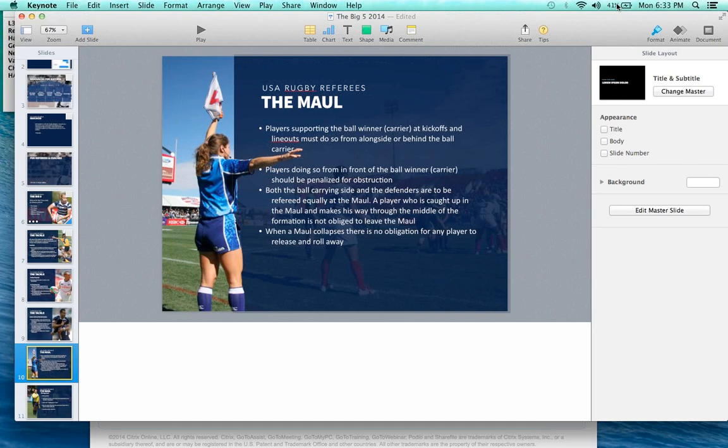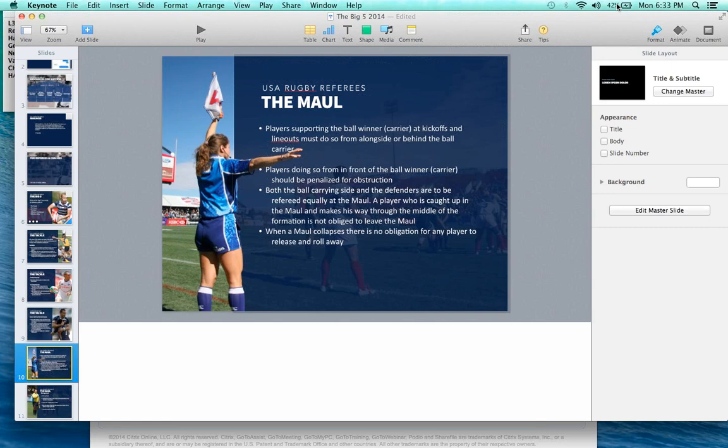If the maul ends unsuccessfully, meaning the maul is toppled over with no infringement by the defense, maybe just by momentum, this is something that we need to clarify. If I am a defender and I'm on my feet and I have tackled or wrapped up a ball carrier, man and ball, and it toppled over, and a maul's been called, I have no obligation to release that ball carrier and roll away.